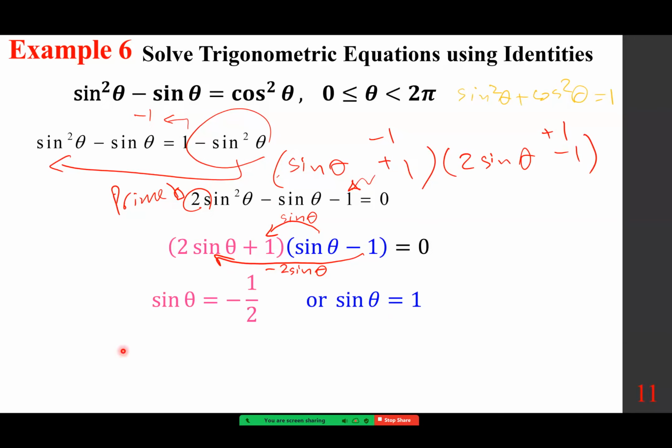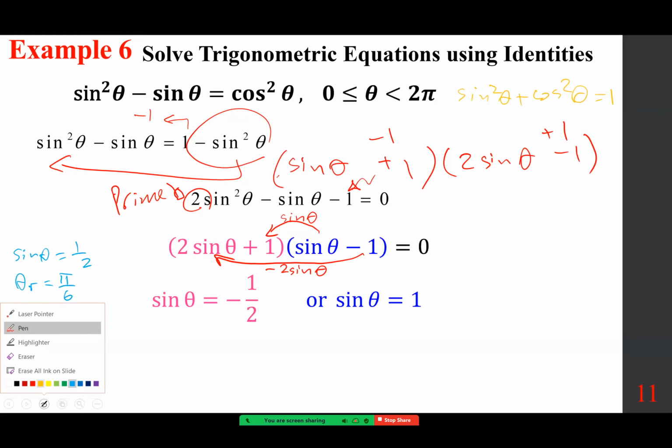This one, again, quickly I'll show you, although by now you know that if we had positive 1/2, then the reference arc would be pi over 6. Because this is negative, sine is negative in quadrant 3 and quadrant 4.